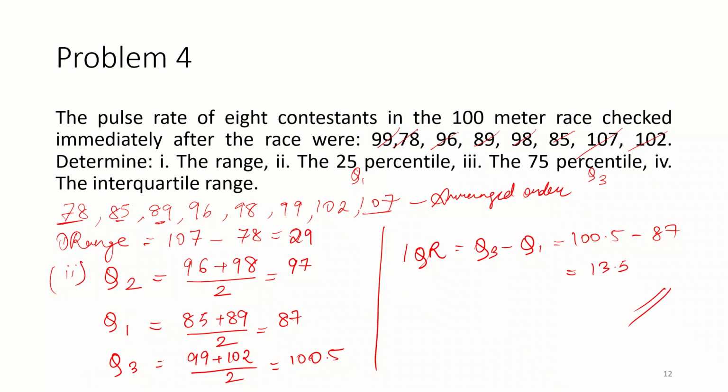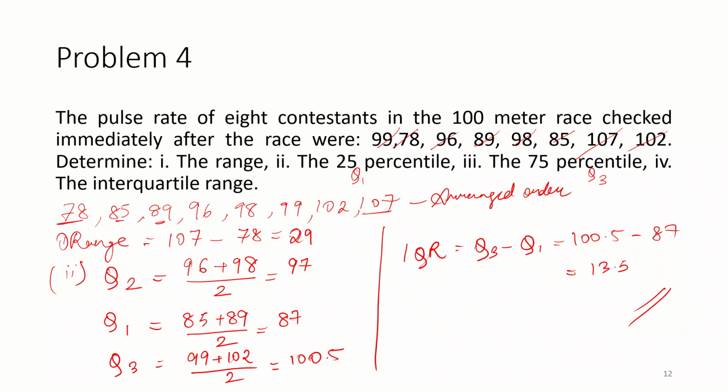Sir, if the number is changed, in case of 11 numbers, how can we find Q1 and Q3? Q1 is basically the median of the first half. The median has two formulas, for odd and even numbers.